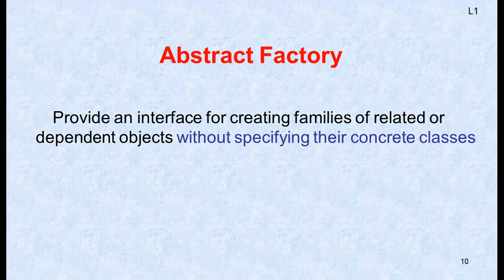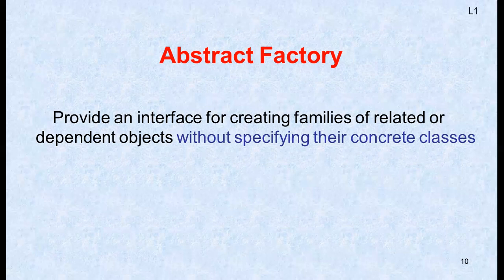They ask the factory to create them. This mechanism makes changing product families easy, because the specific class of the factory object appears only once in the application, where it is instantiated. The application can wholesale replace the entire family of products simply by instantiating a different concrete instance of the abstract factory.